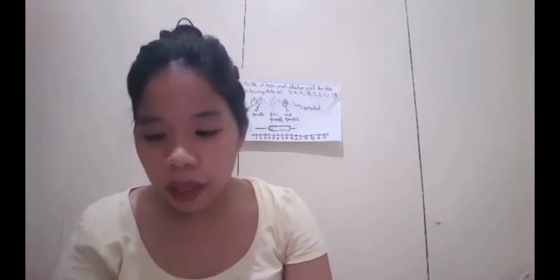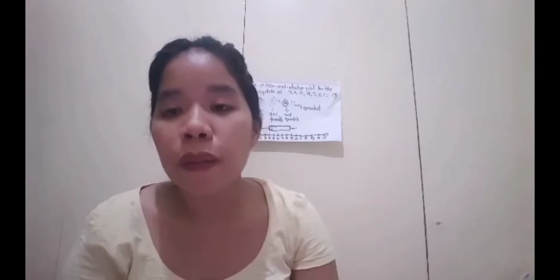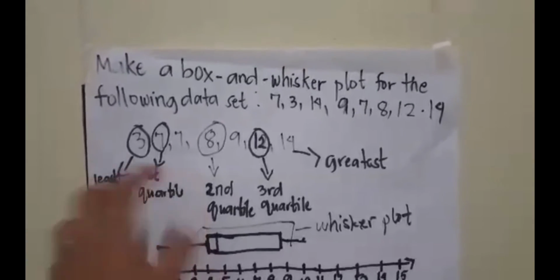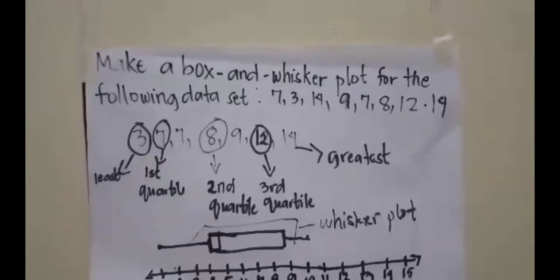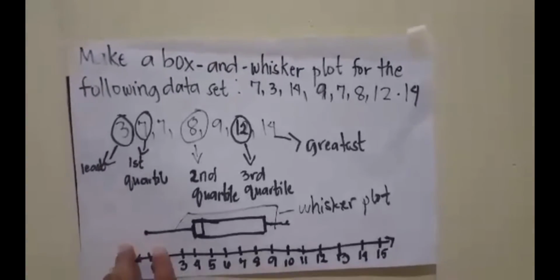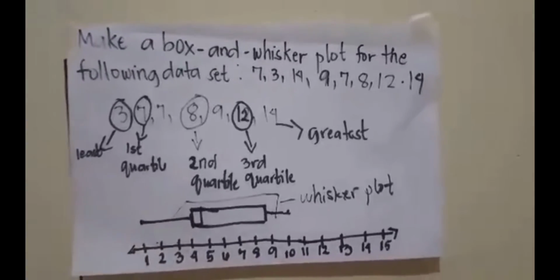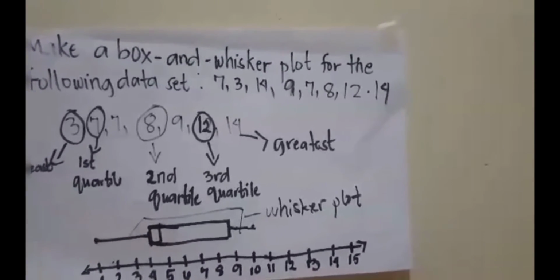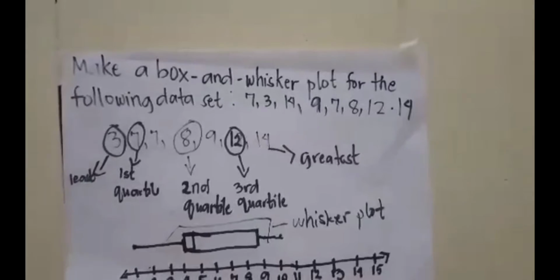To make a box and whisker plot, our first step is to write the numbers in order, listing from least to greatest. This is an example of how to make a box and whisker plot. In this example, kailangan natin gumawa ng box and whisker plot.